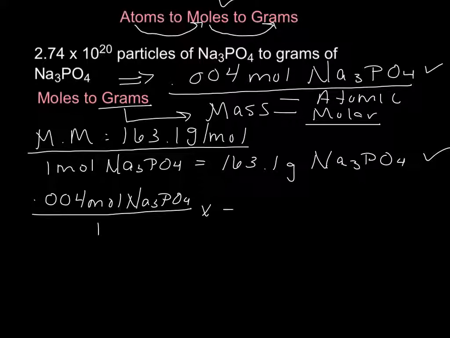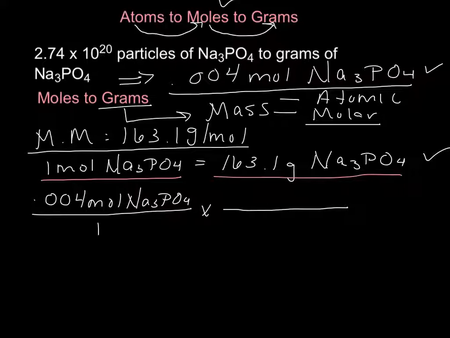Then I'm going to multiply by the conversion factor. So in this case, I have two values. Okay, and again, just like before, I have two empty spaces. All you have to do is figure out which one goes on the bottom. Since I have moles here, then I have to put moles here.